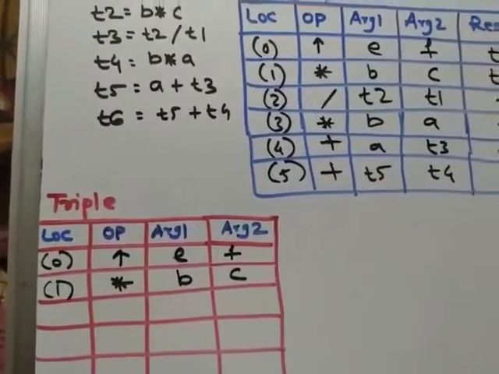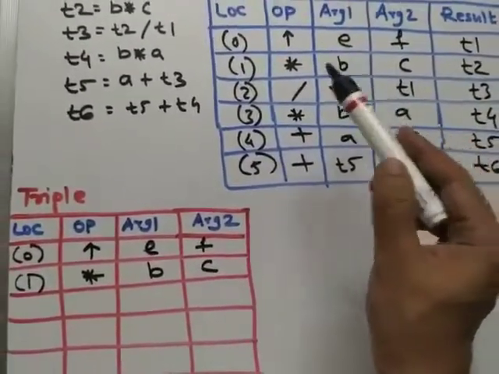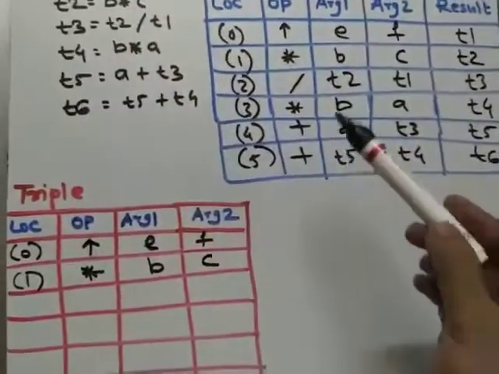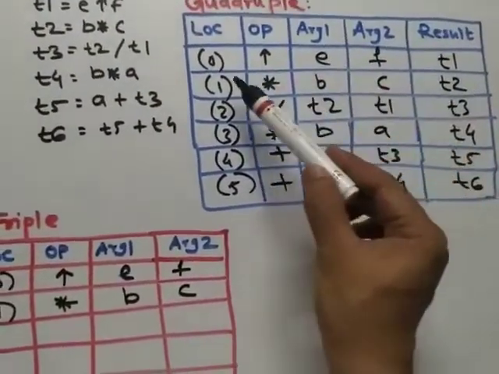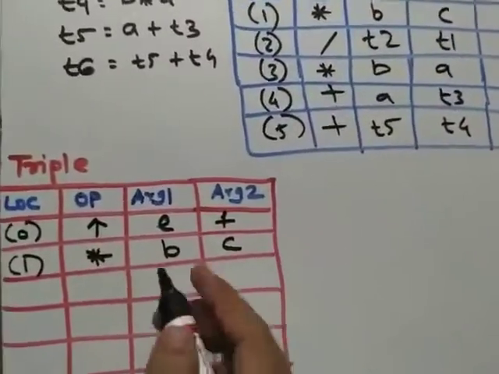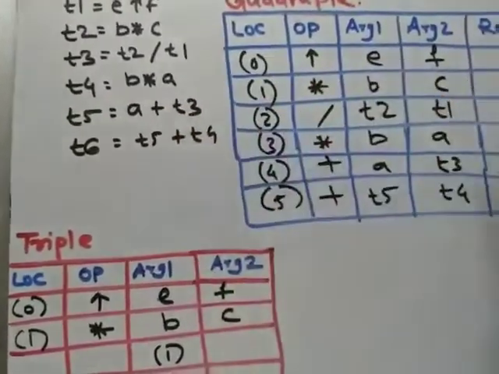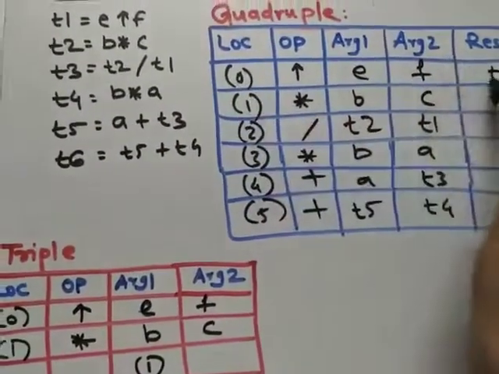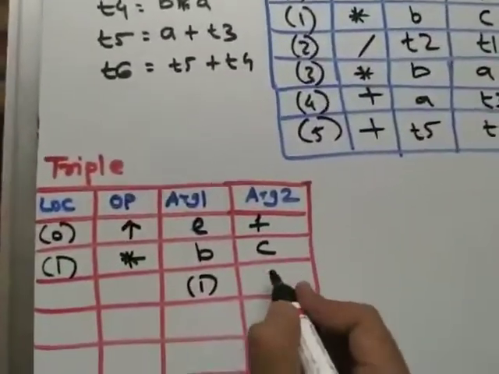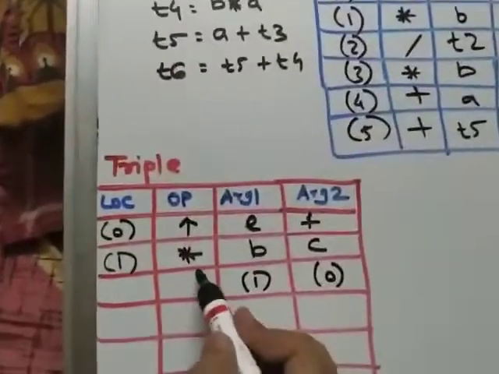Next is t2 divided by t1. But where is t2 stored? t2 is stored at location 1. So use location 1 as the first argument. t1 is present at location 0. So 1 and 0 will be the arguments, and both are divided.